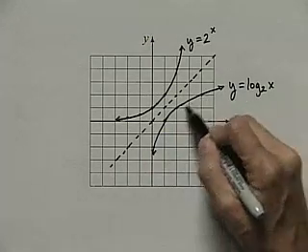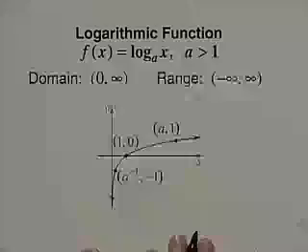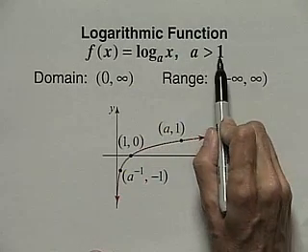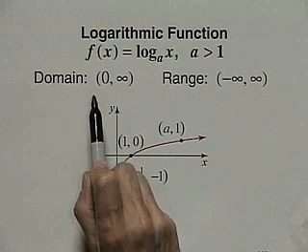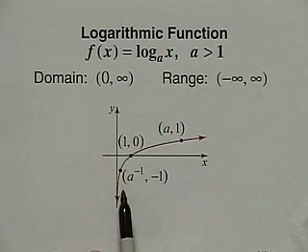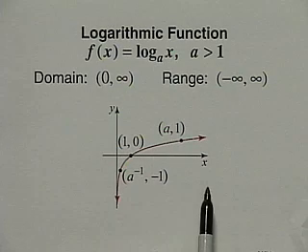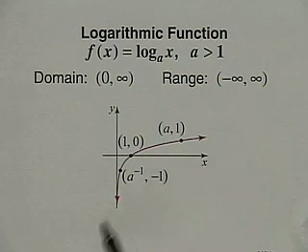Well, let's take a little bit of time to discuss the logarithmic function's graph. We have a logarithmic function, f of x equals log base a of x, where a is greater than 1, like the one we just did, where a was 2. The domain of that is 0 to infinity, and here's a graph similar to the one we just drew. The range is negative infinity to positive infinity.